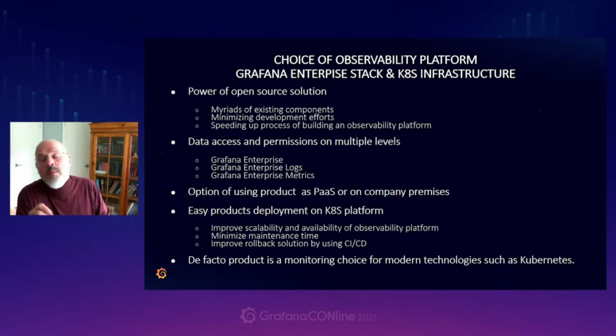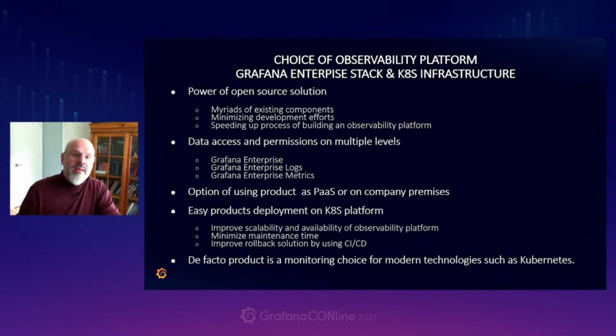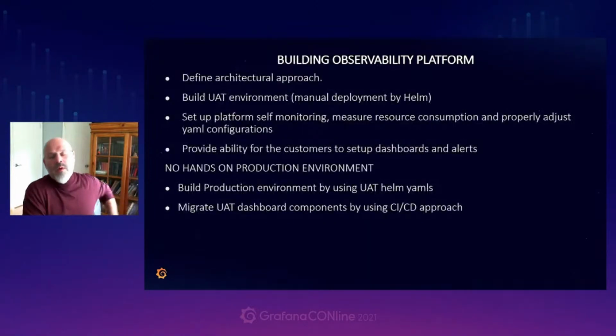And yes, I almost forgot: for many modern technologies such as Kubernetes, Prometheus has become the de facto product of choice to monitor the environments. So finally, you know what we have to do. We're going to use Grafana Labs products, and we're going to use Kubernetes.